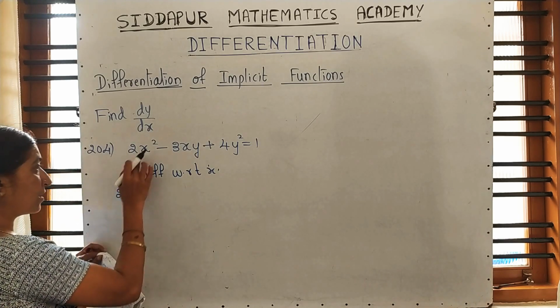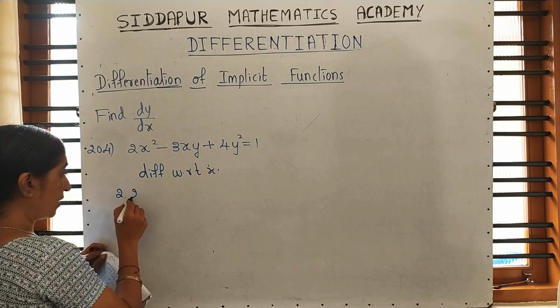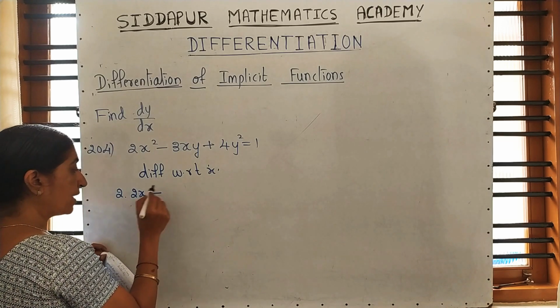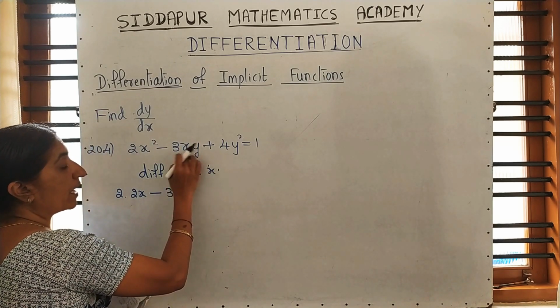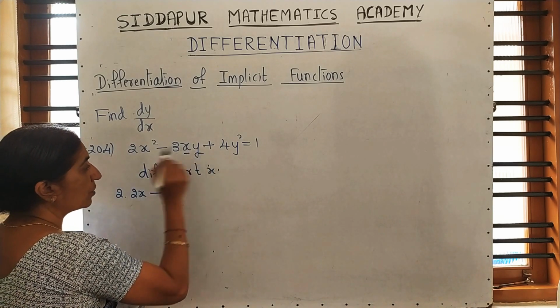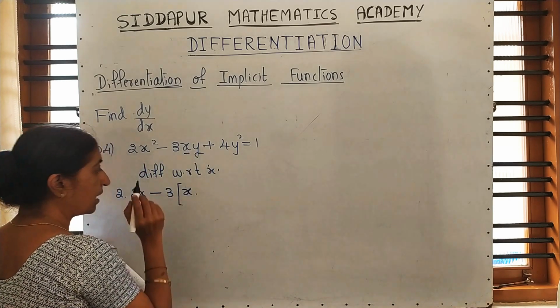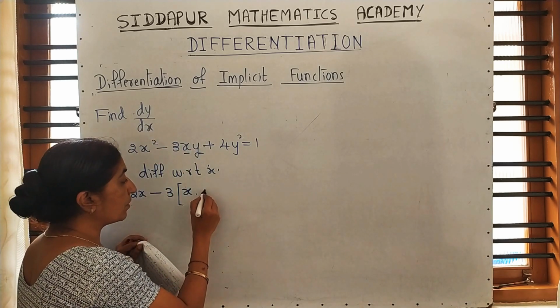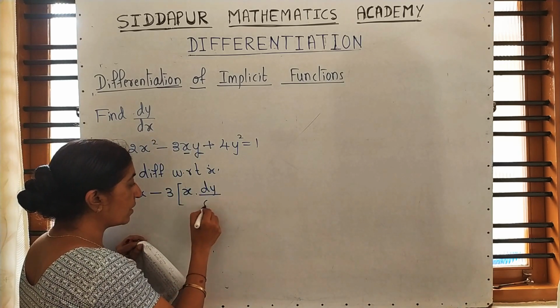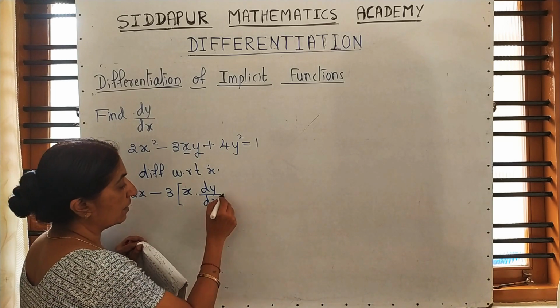Here 2 as it is. What is the differentiation of x square? 2x. Minus, I kept 3 as it is in the bracket. Remember, this is u, this is v. x as it is. What is the differentiation of y with respect to x? It is dy upon dx.